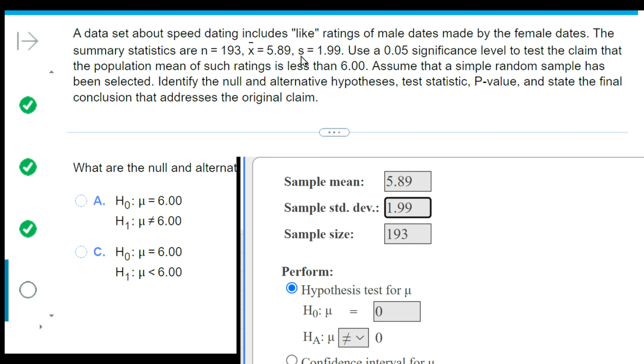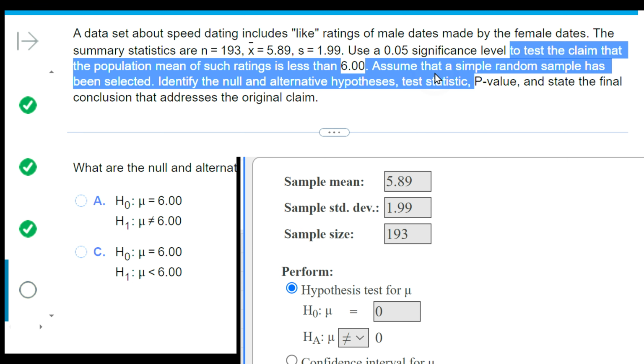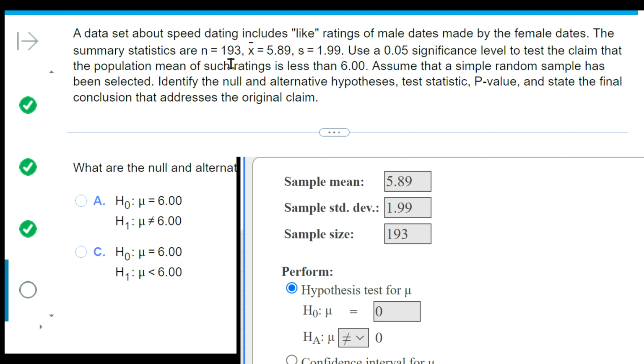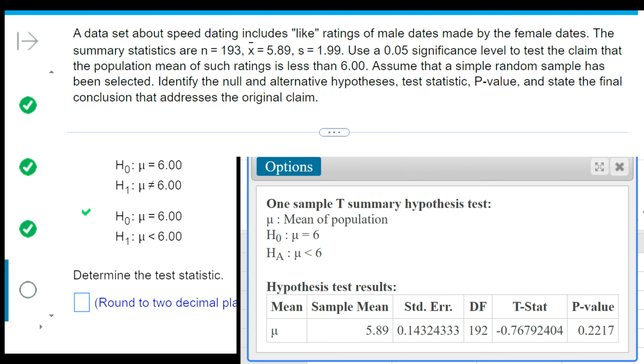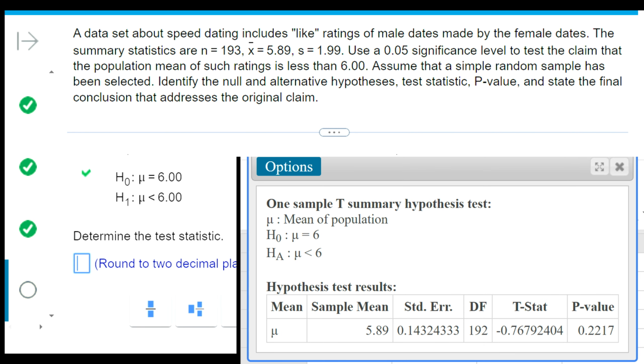What are they having me test? Test the claim that the mean is less than 6. Less than 6. Here is my test statistic and p-value.